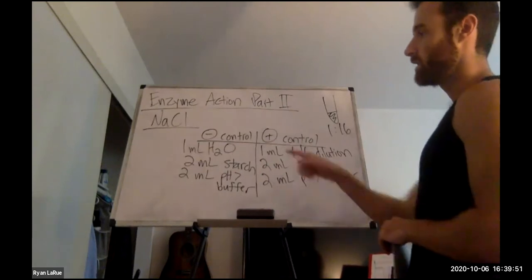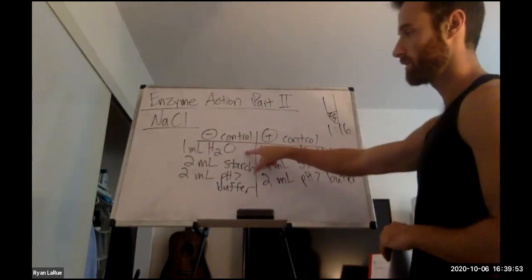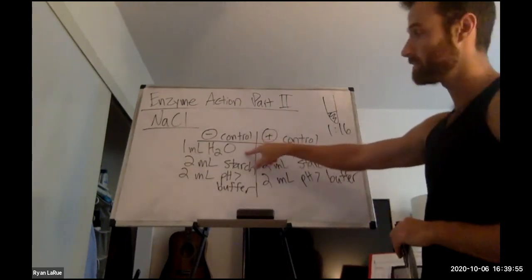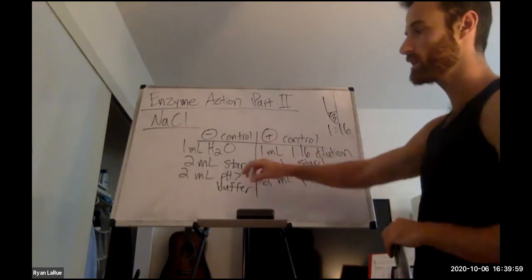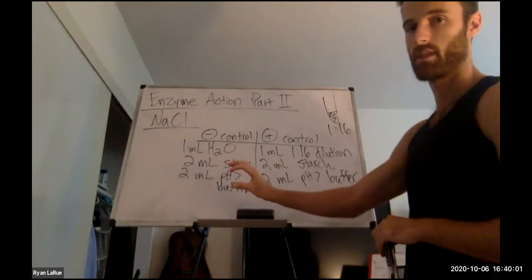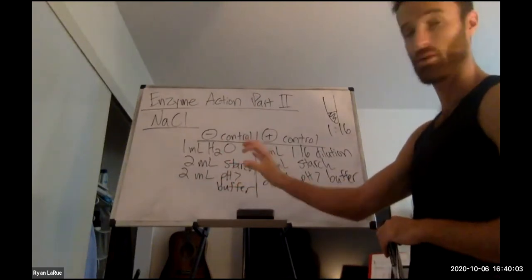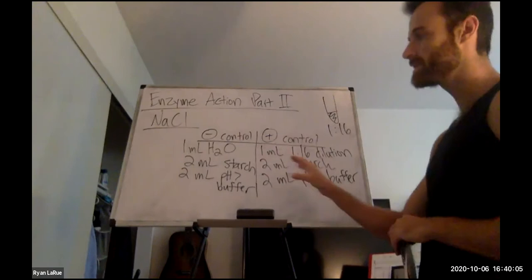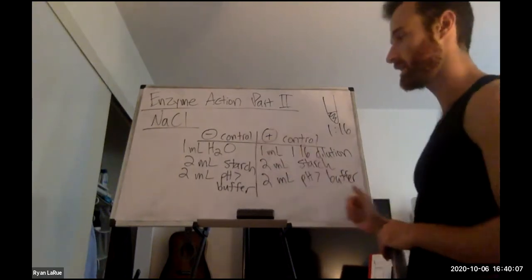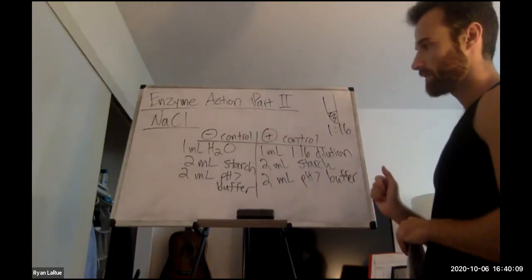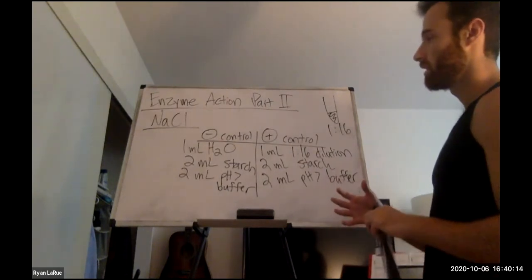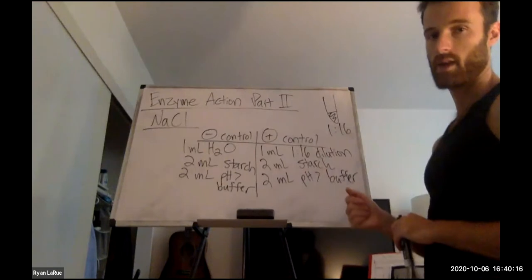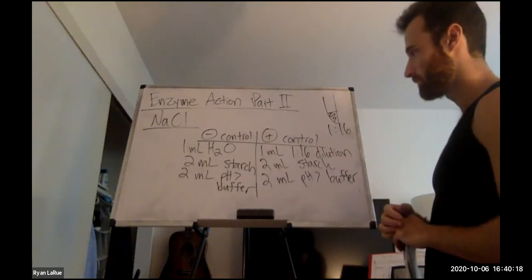And so when you have your negative control and you add it to your well plate, no starch is going to get broken down. So you're going to expect to see all purple, right? Or dark blue. You're not going to see any breakdown because you didn't add any enzyme. And so you can kind of use it as a point of comparison for when you do see breakdown with your enzyme.